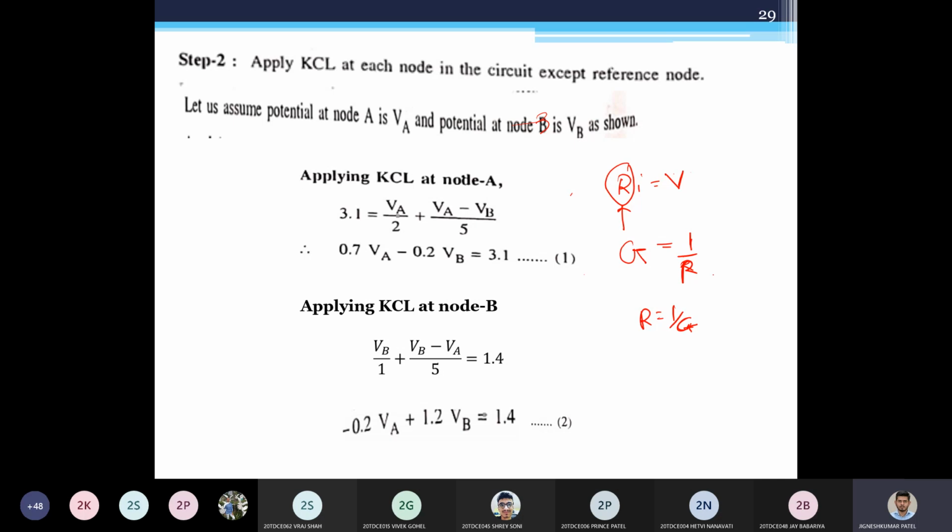So if I take I equal to V by R, I can write I equal to V into G.